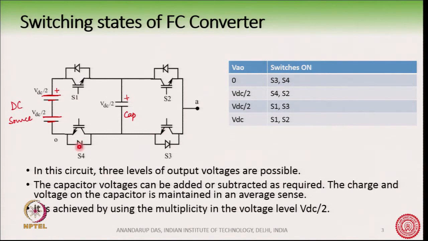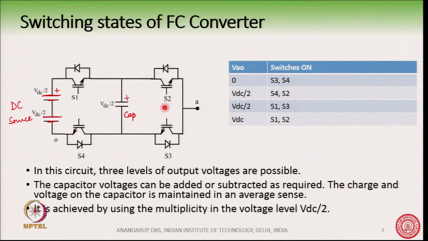I can turn on these two diagonal switches. Then starting from here I go like this and like this. So, VAO voltage will be equal to the capacitor voltage once I turn on S2 and S4, and the capacitor voltage, suppose we maintain it at VDC by 2.